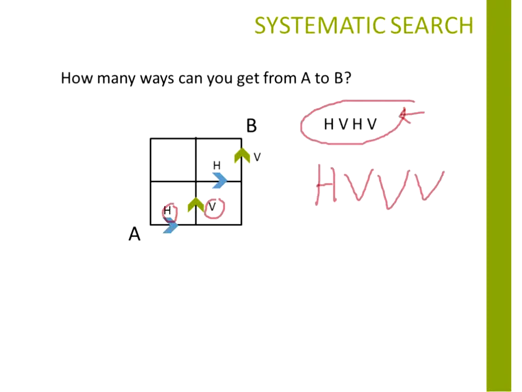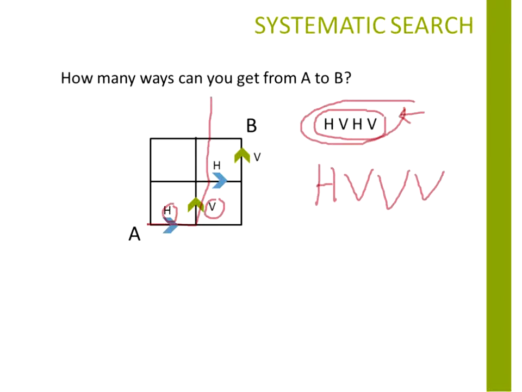Yeah, so everyone's saying no, because if you went H, V, V, you'd be off the grid. It would take you right off the grid. So can someone tell me some conditions on these letters here? Are there any conditions that these letters have to fulfill to be a proper description of a path? For instance, how many letters would you have?